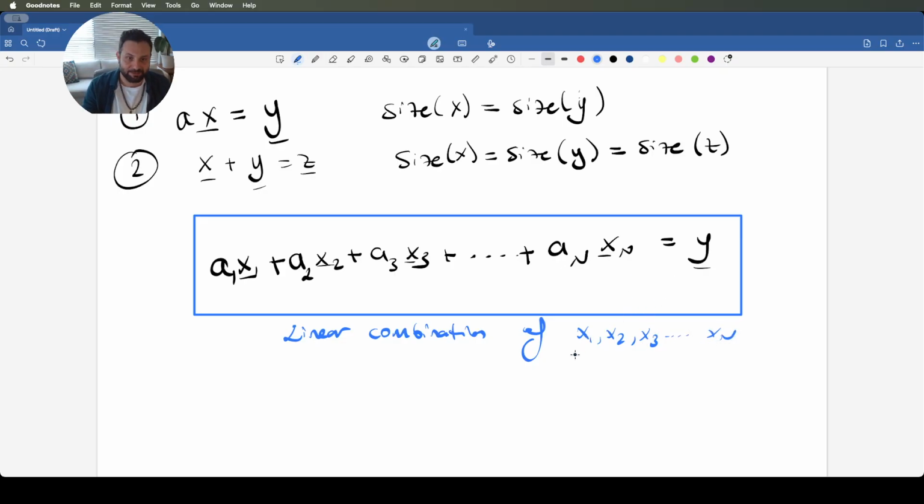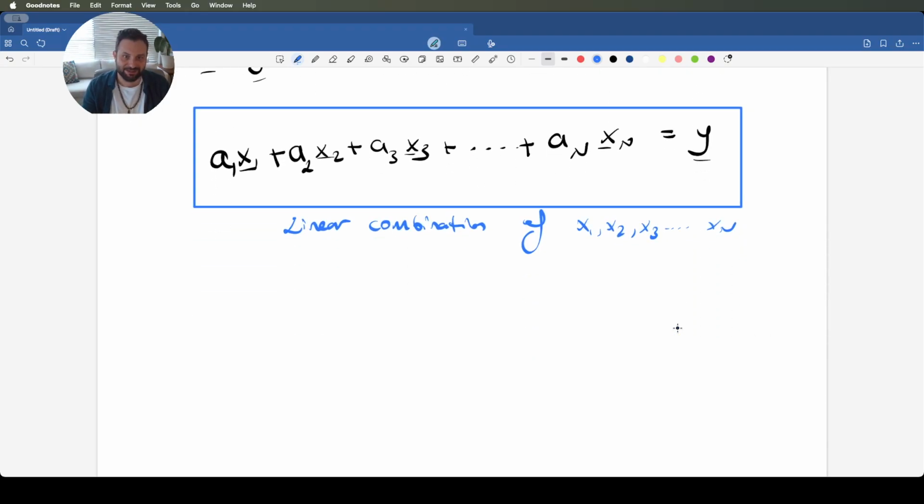I'm going to start being lazy and stop drawing the underscore bars on the x's. We know here that x's are vectors and a's are scalars, unless next time I come here and warn you that's not the case. So this is just a linear combination. I'm linearly combining these things.